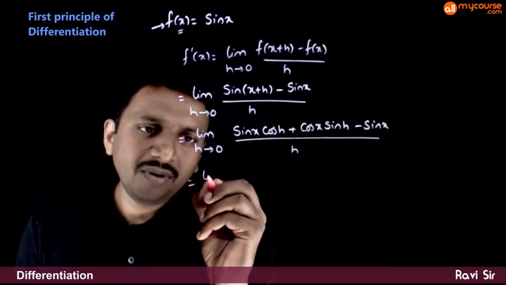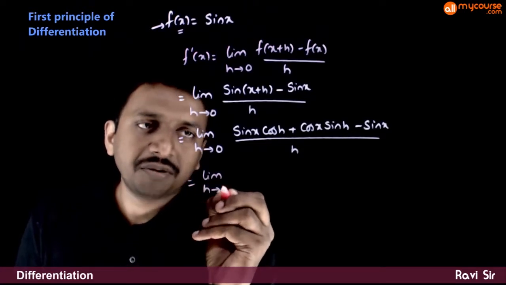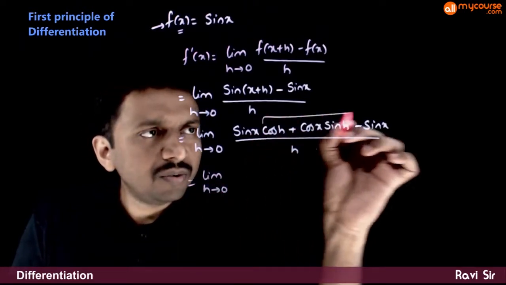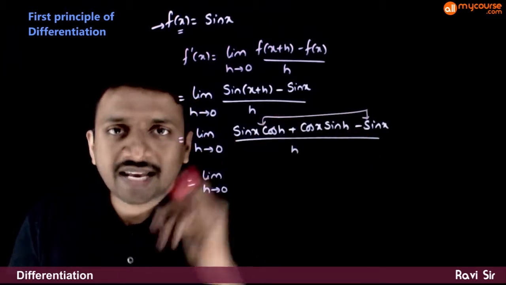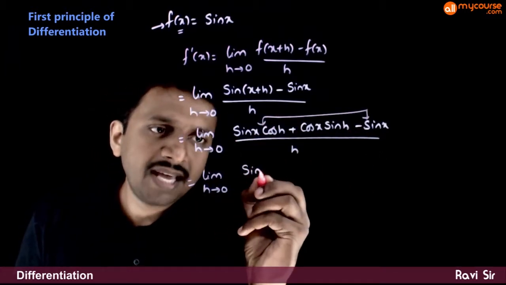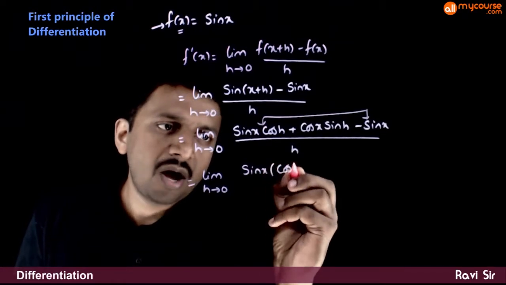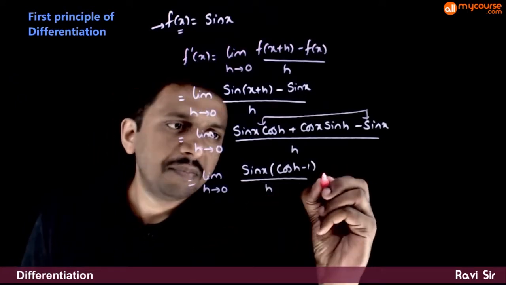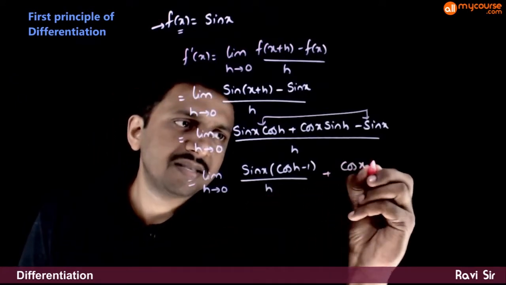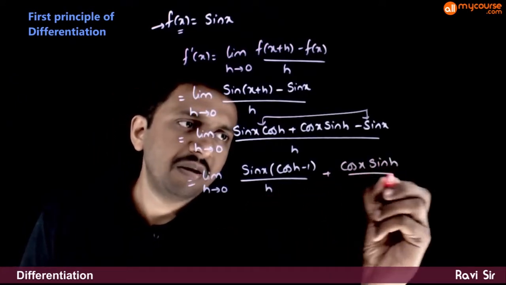That is equal to limit h tends to 0. In these two terms you have sin x, so I will take sin x as common: sin x times (cos h minus 1) by h, plus cos x times sin h by h.